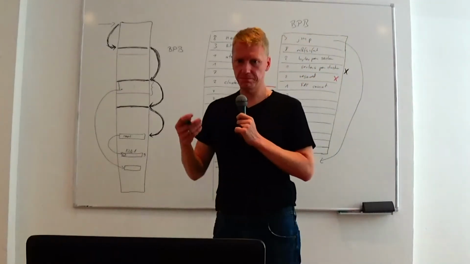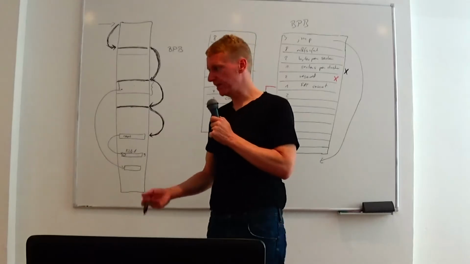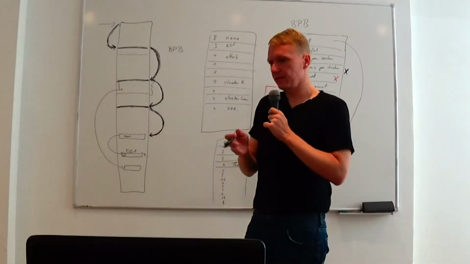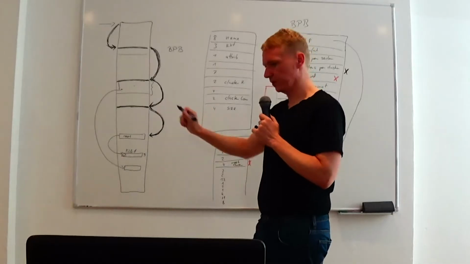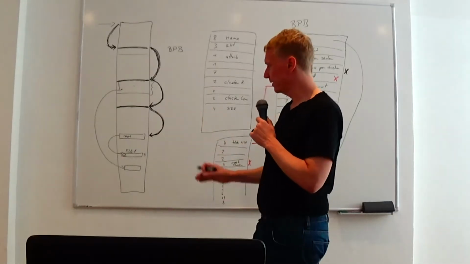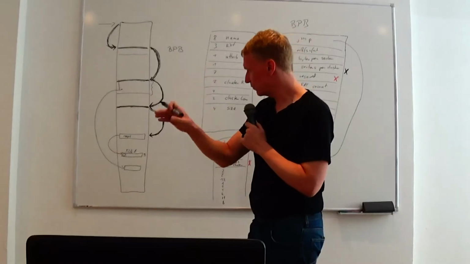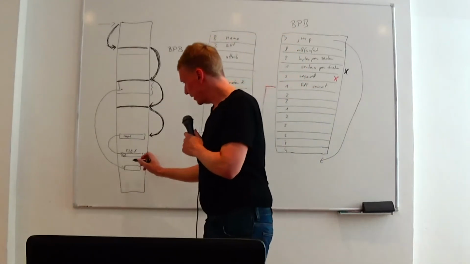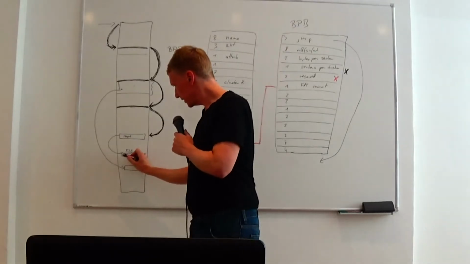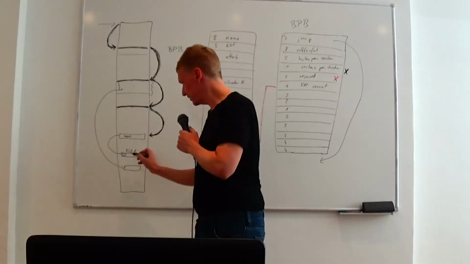Now, if the file is larger than 512 bytes, then obviously you need to put it into different sectors, right? So you put different parts of the file in different sectors. The first sector contains the first 512 bytes.